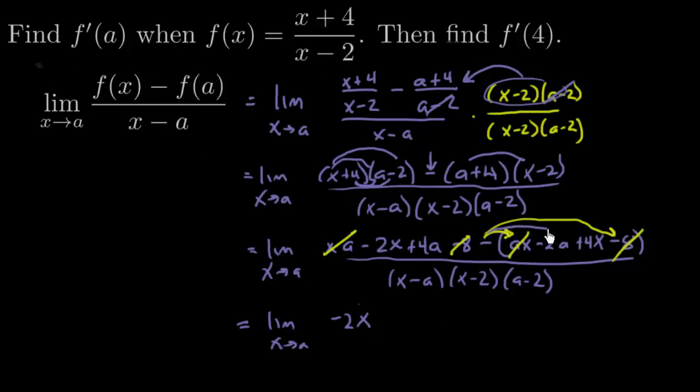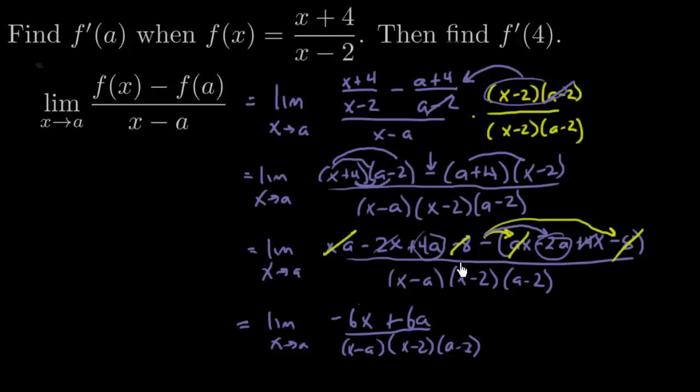Oh, and then we have another minus 4x. So that's actually going to be negative 6x. Then you're going to have a 4a and positive 2a. So that's going to make a positive 6a. And on the bottom, we still have that whole denominator.